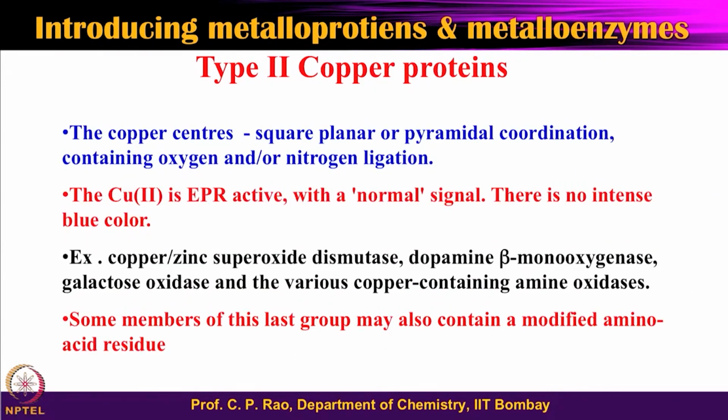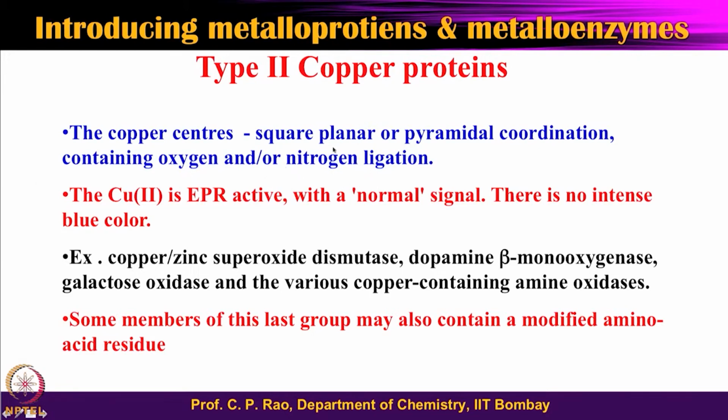Now, having looked at some general features of type 1, let us look at the general features of type 2, then we will choose type 3, we will see combined types, and then we will go into details of each one of these. In type 2, you have a coordination close to square planar or square pyramidal containing oxygen and nitrogen, no thio group.